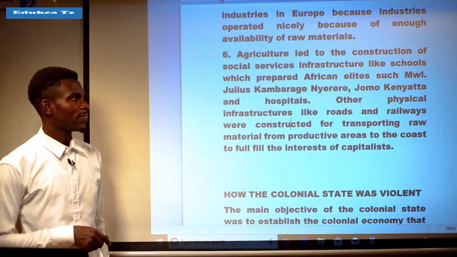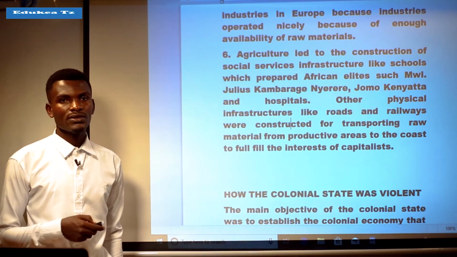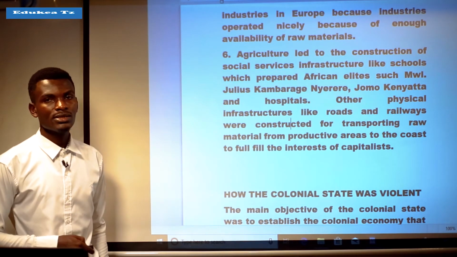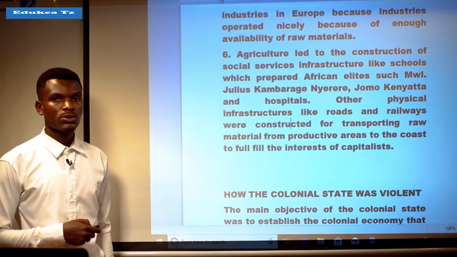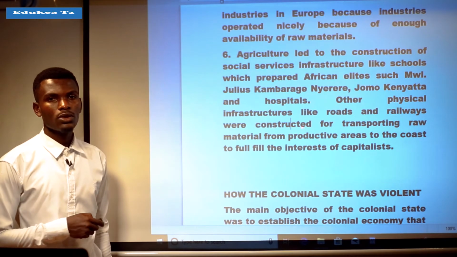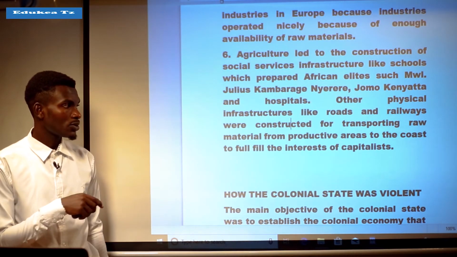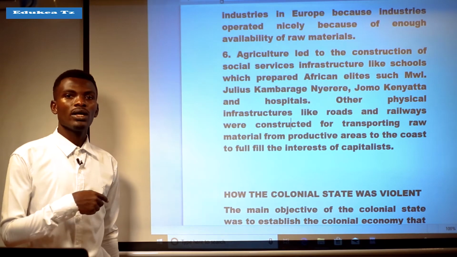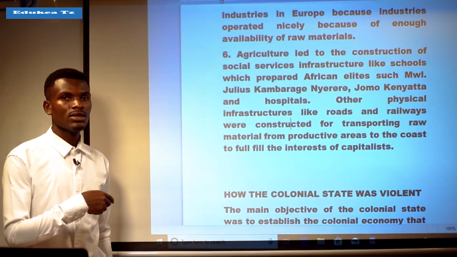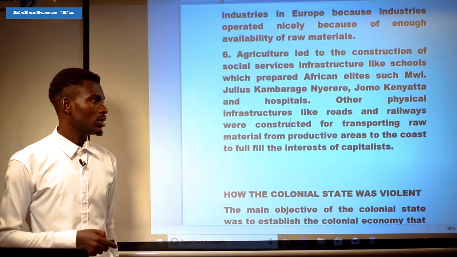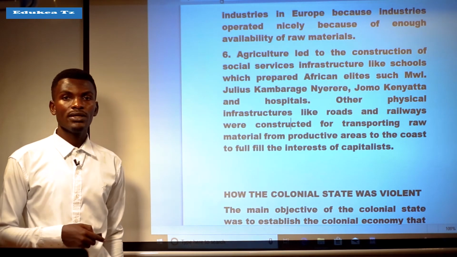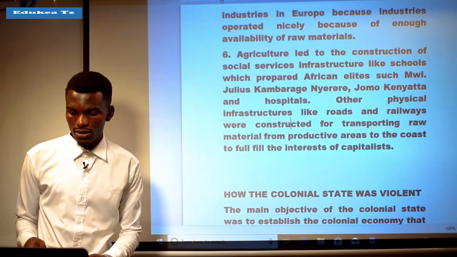To mean that roads and railways were constructed for transporting raw materials from the productive areas to the coastal areas, where they were ready to be shipped to Europe in order to fulfill the interests of the capitalists.